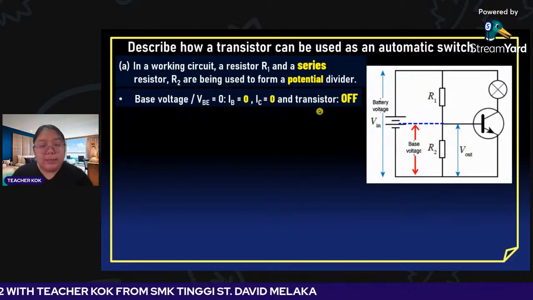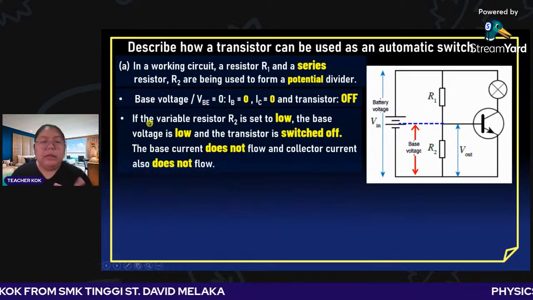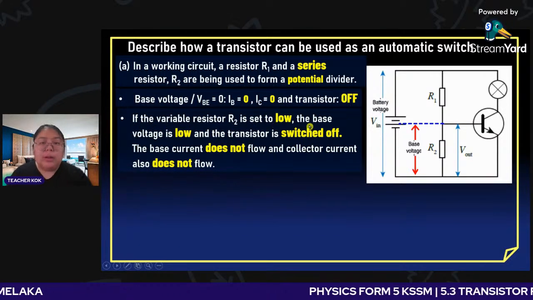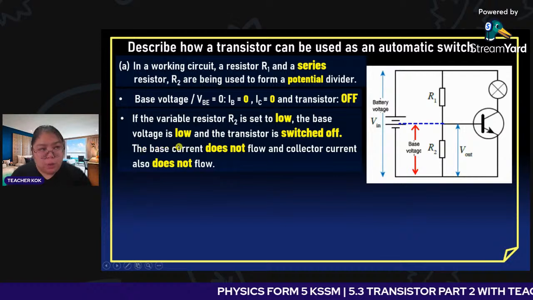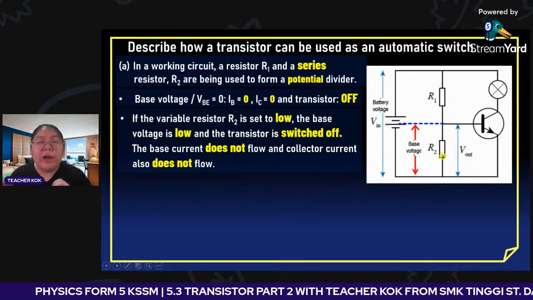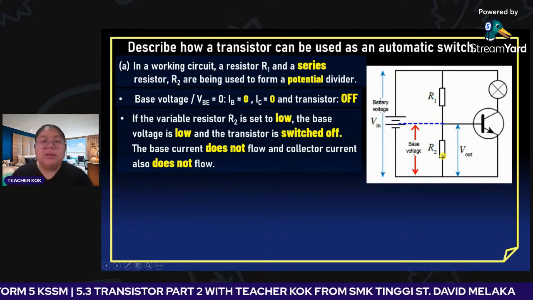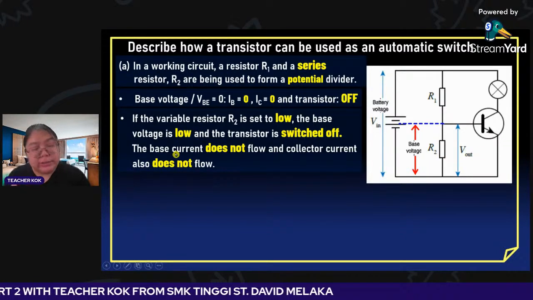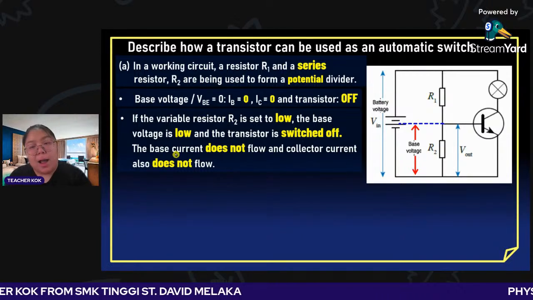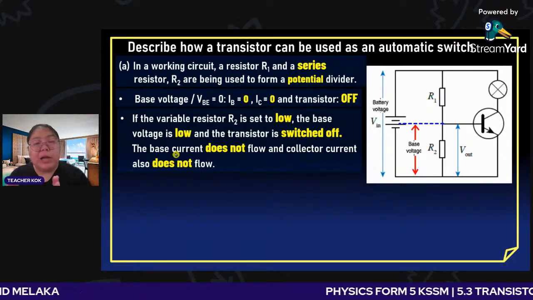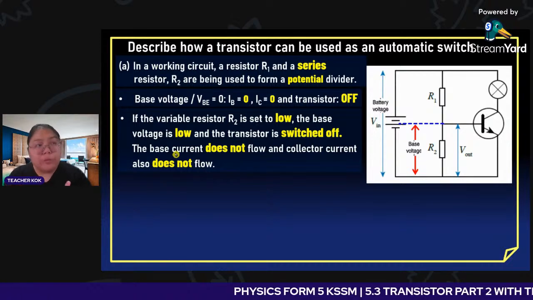Okay, now we go to the second situation. If the variable R2 is set low, the base voltage is low. If I put a very, very low resistance for R2, then how about the V? Because the current is constant, because it is in series, V equals IR. When I is constant and I make the resistance very low, what happens to the voltage?